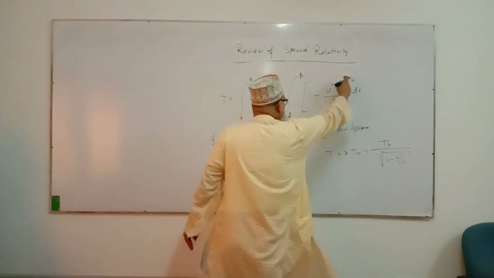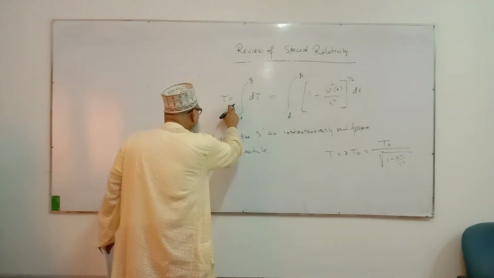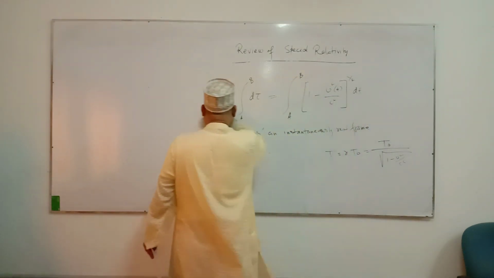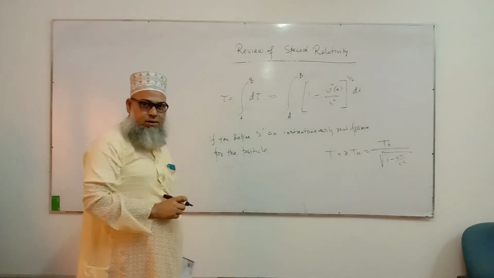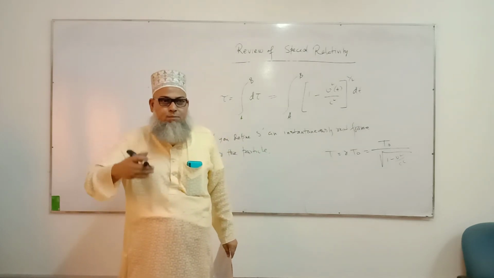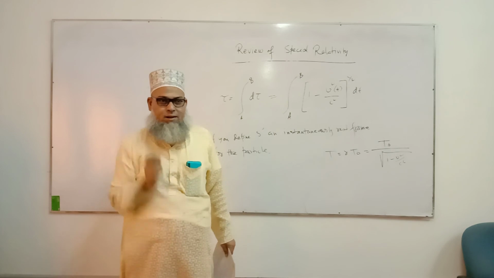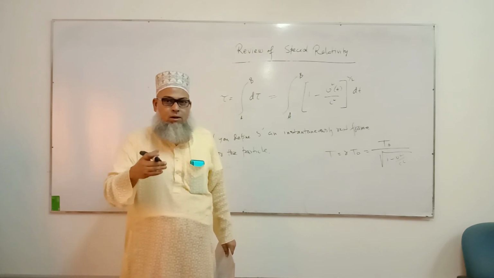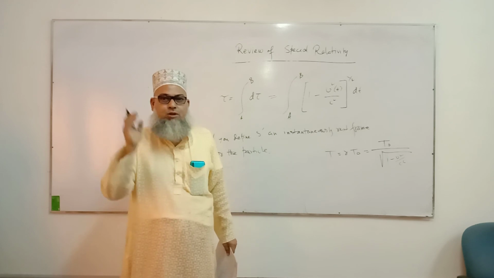If you take this factor beneath, then this is t and this is t naught, right? That means proper time is the time recorded by a clock moving with the particle, as the clock moves.